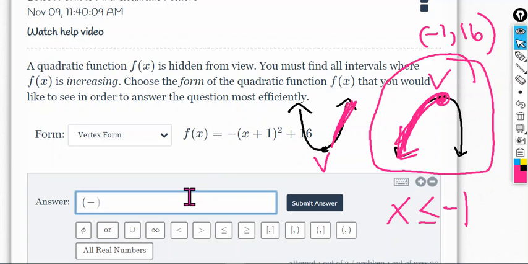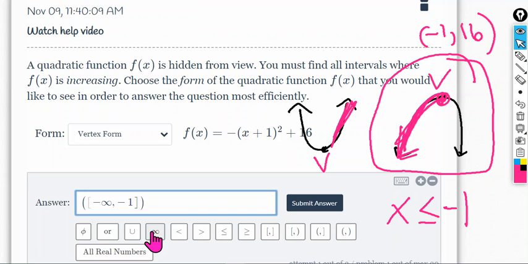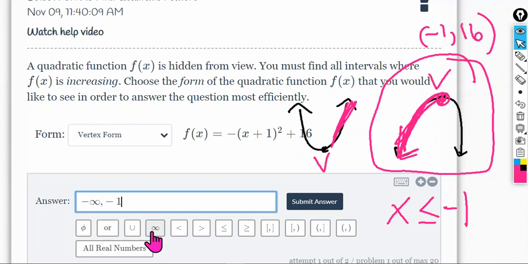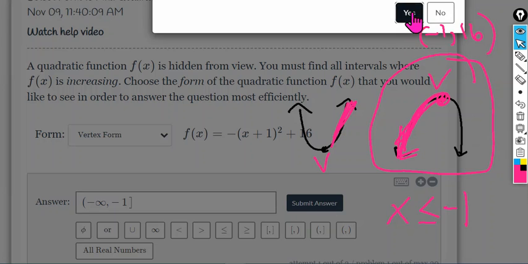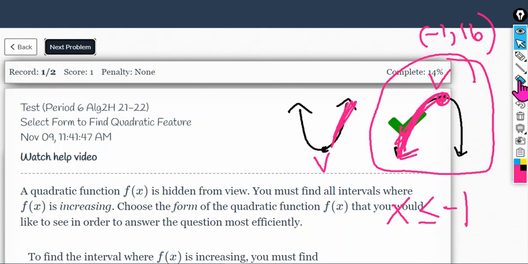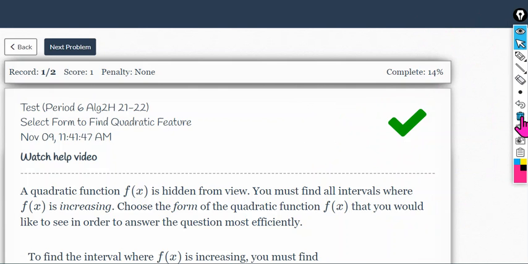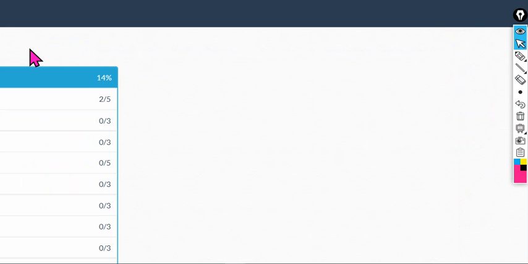So I would type parentheses, negative infinity, comma, -1, hard bracket. Let's see if I can bracket, parentheses. There you go. All right. Does that answer your questions?